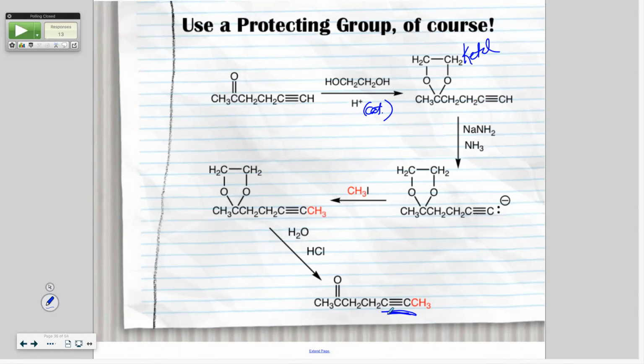But you can do it. So you can remove that and get your carbonyl back. Notice that we regenerated the carbonyl. So we were being sneaky. Organic chemists have worked very hard at being sneaky. Did you notice that?